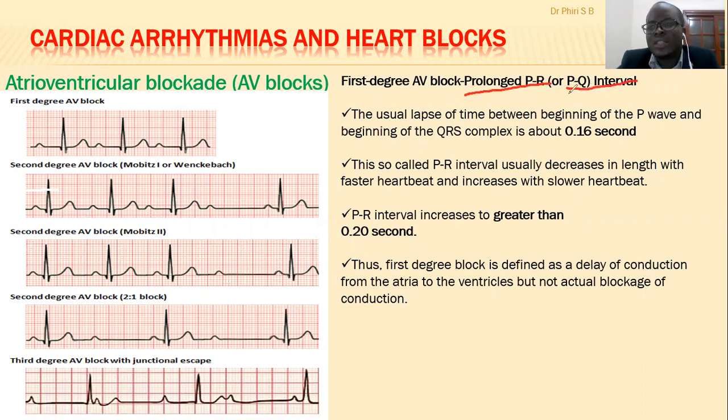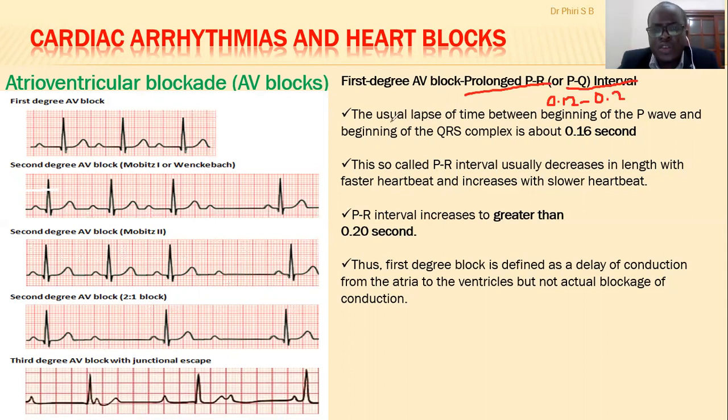Under normal circumstances, the normal range of the PR-PQ interval in a normal ECG should be between 0.12 to about 0.2.